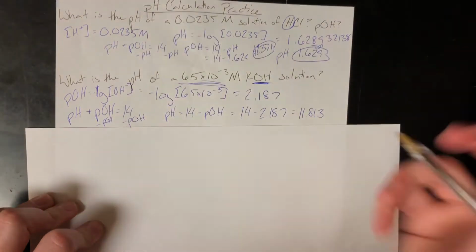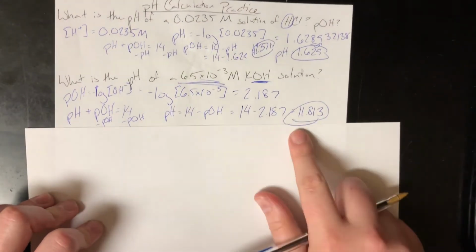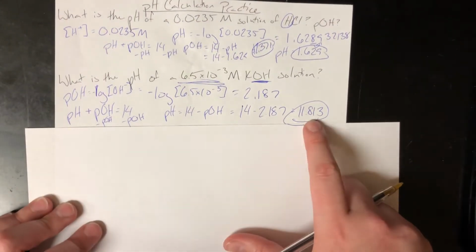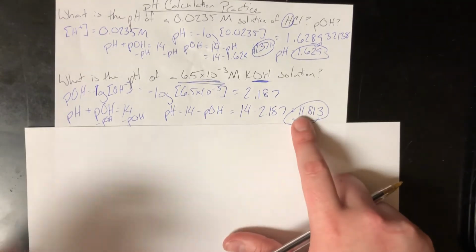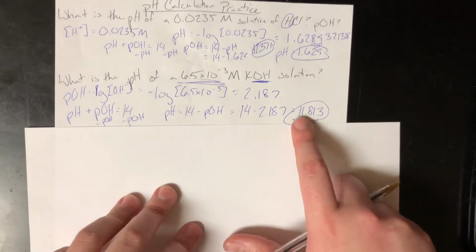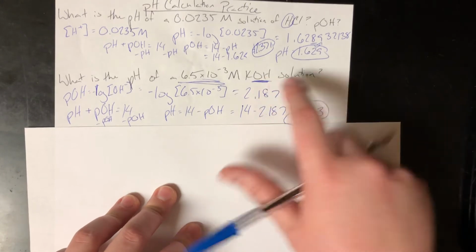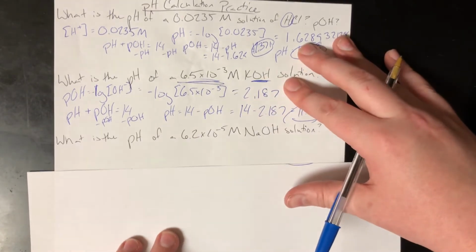Okay, and it is a pH scale, and so this 11.813 does reveal that this is a basic solution, just as I predicted with having a hydroxide ion.